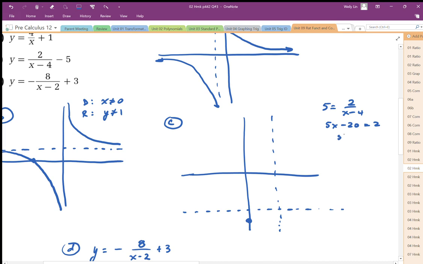So 5x is equal to 22. And then we divide by 5. So that's going to be about 4.4. So when x is at 4.4, somewhere around here, we have our x-intercept. And then we can sketch our graph in those quadrants based on those 2 points and following the asymptotes.